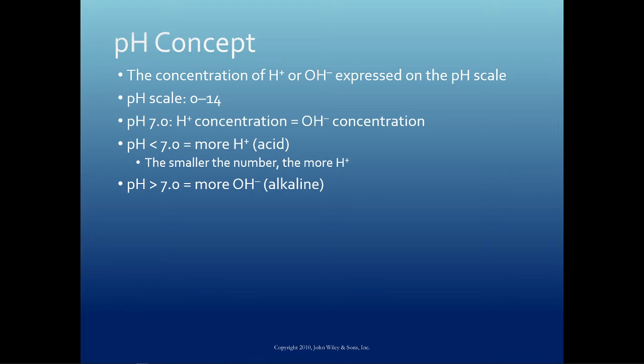So a solution that has a pH of 8 and another solution that has a pH of 10: the solution that has a pH of 10 is a lot more alkaline, or a lot stronger base, than the one of 8. In that case, it would be 1,000 times stronger, because we're going 10 to the third.